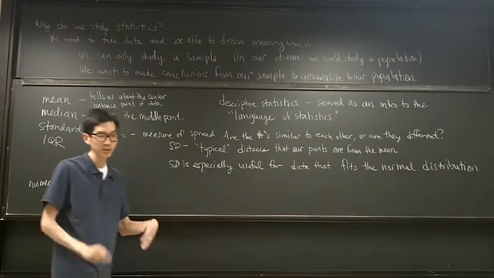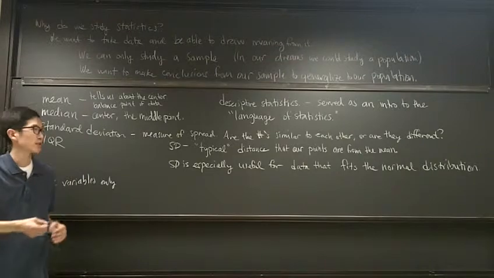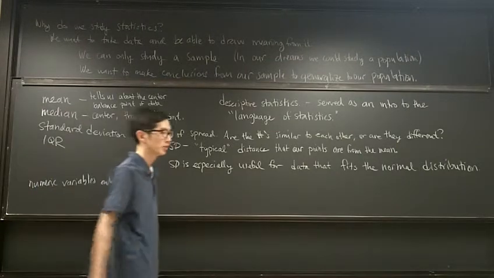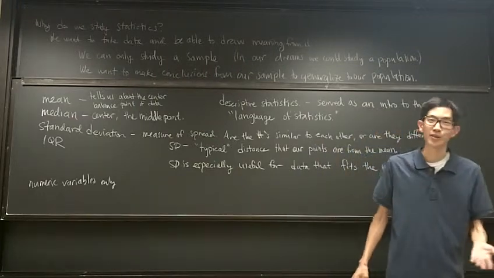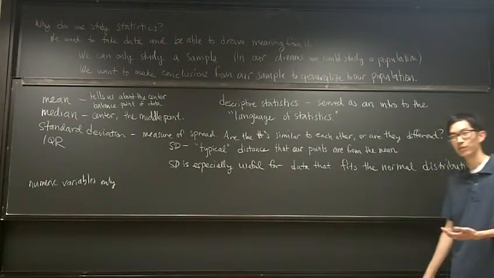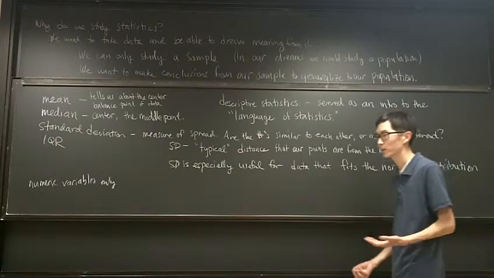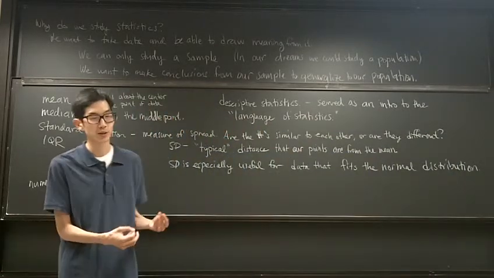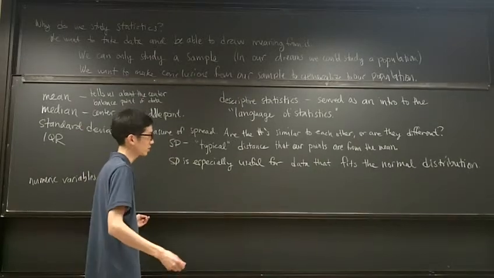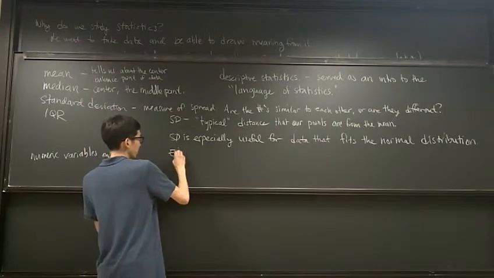Because in the case of the normal distribution, we know, what do we know? 68% are within one standard deviation of the mean, and 95% are within 2 standard deviations, and 99.7% are within 3 standard deviations of the mean. Okay, so we have the empirical rule, right?